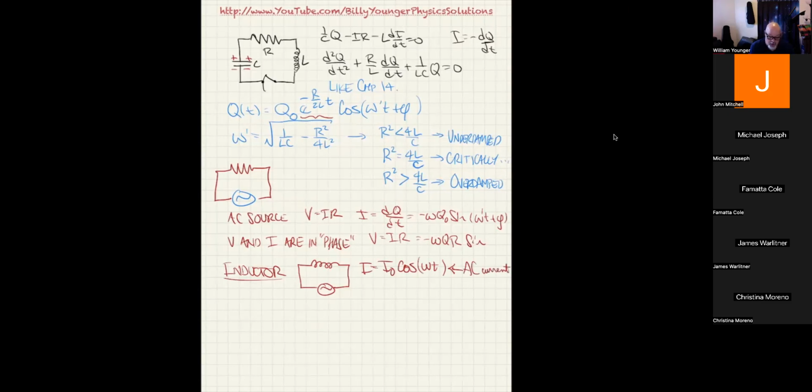Okay. Well, V is equal to negative L di dt. And that becomes negative L times the derivative of cosine, which is, of course, negative sine. So that makes that a positive.